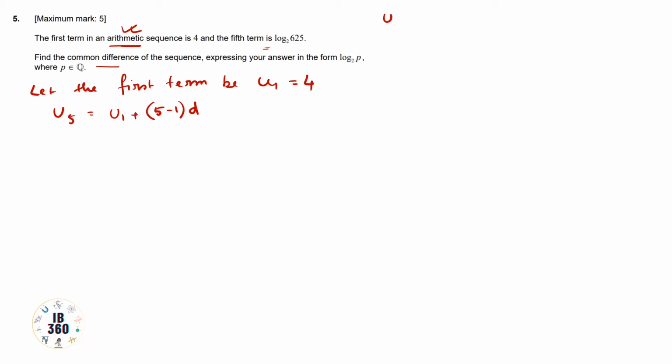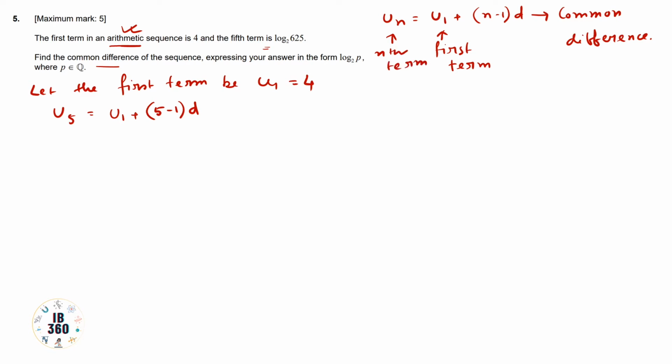So the normal formula is un equals u1 plus (n minus 1) into d, where d is the common difference. This is the first term and this is the nth term.